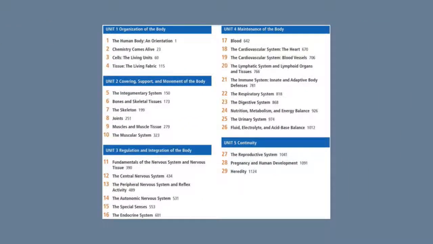And in my big book, this is the table of contents from another A&P book, a really, really good A&P book. And it takes the usual way of addressing the topics.